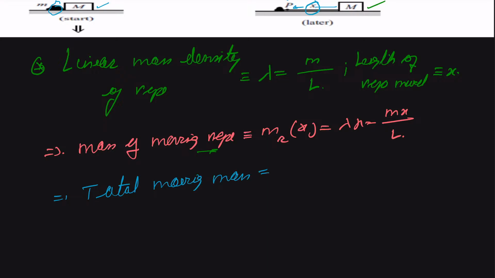Therefore, the total moving mass, let us call this m_t, which depends on x, will be equal to the block mass plus the rope mass, that is Mx upon L. So this is the total mass at any instant x. Now we are going to find the velocity of the block as a function of x.